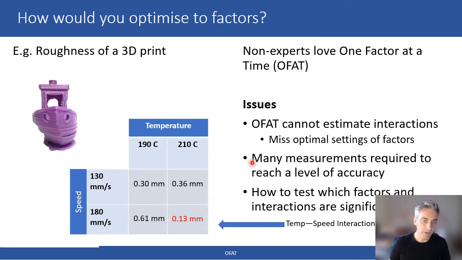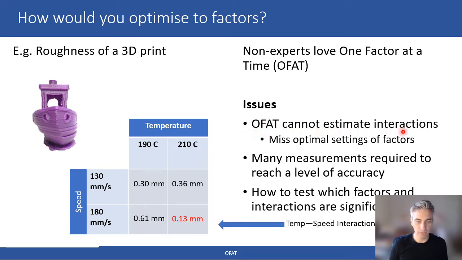So OFAT is often used, especially by non-experts, but there are better, more efficient methods for doing design. So these are the issues with this OFAT, one factor at a time process. It often misses interactions.